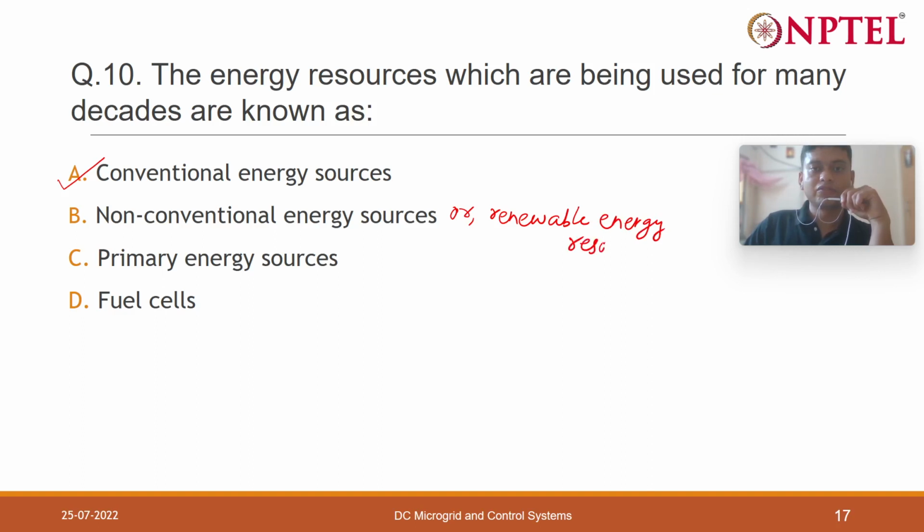Conventional energy sources include coal, gas, oil, that we have been using for many decades. Non-conventional sources, like wind and solar, are sources from which we are generating power nowadays due to research and innovation in power devices. Many things are also running parallelly.